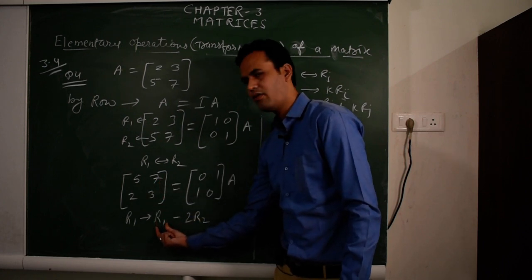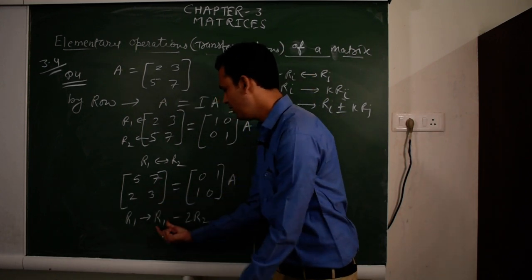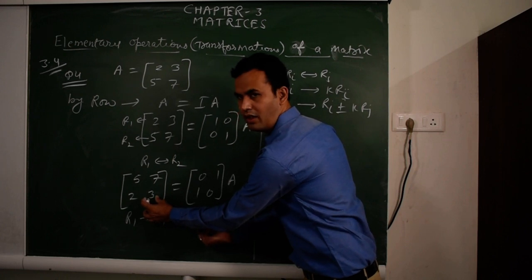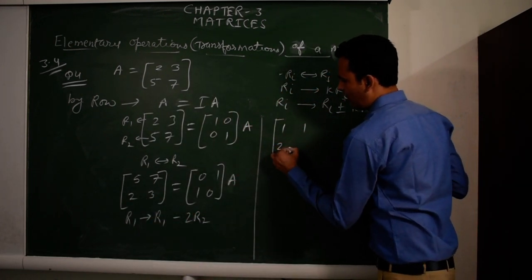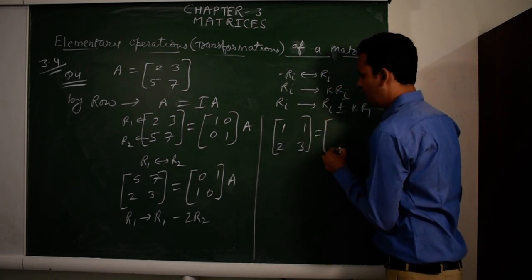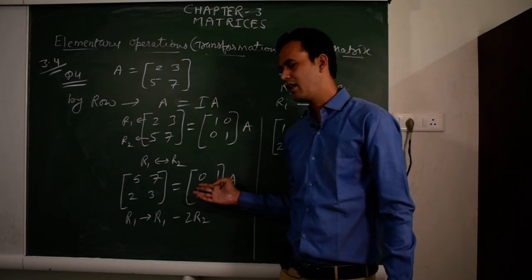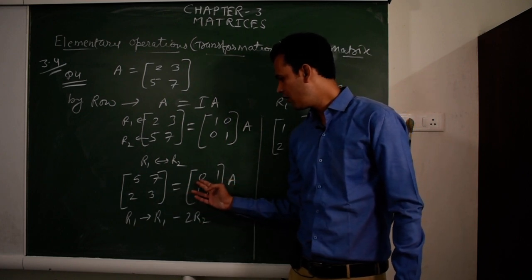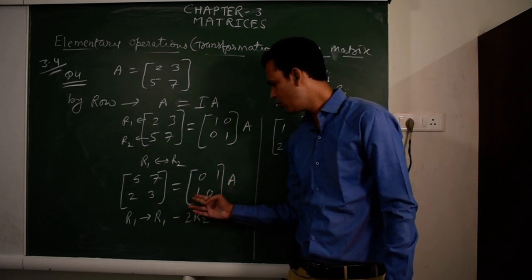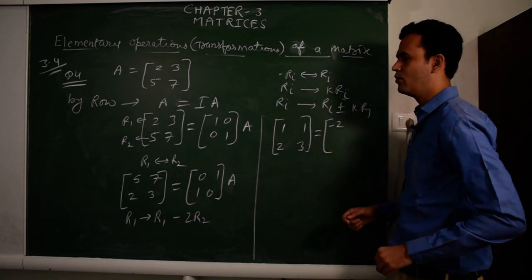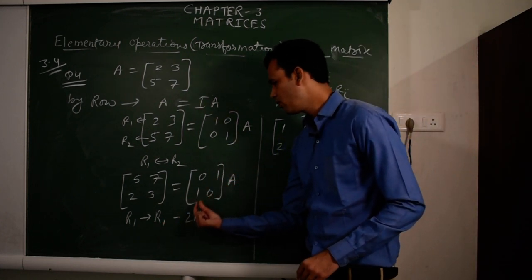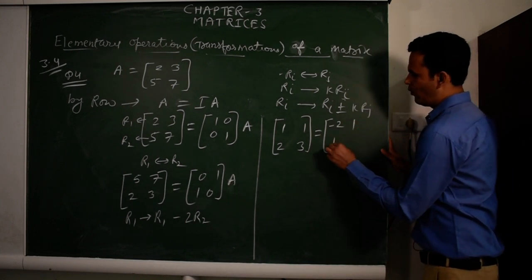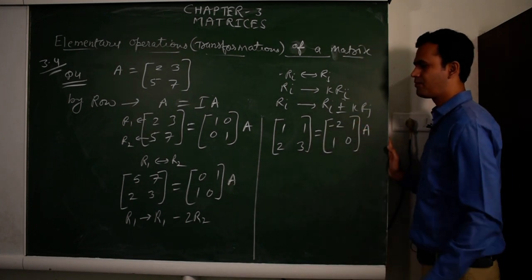Same, element of R1 is 7 minus 2 into 3. So 7 minus 6, it becomes 1. No change in R2. So 2, 3. Same changes in RHS also. So 0 minus 2 into 1, it becomes minus 2. Then 1 minus 0 into 2, so it becomes 1. So 1, 1, 0 and A.